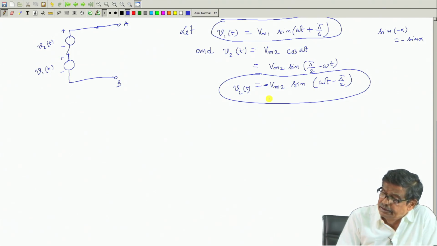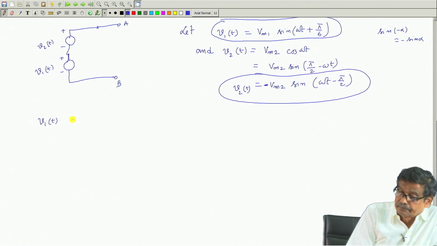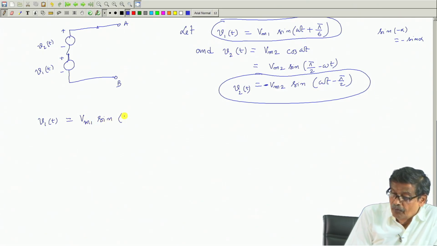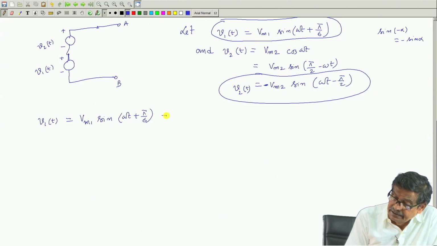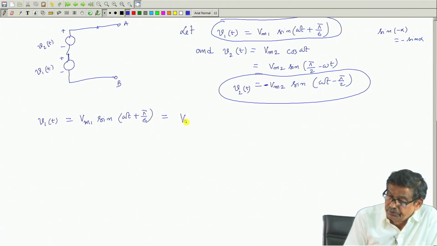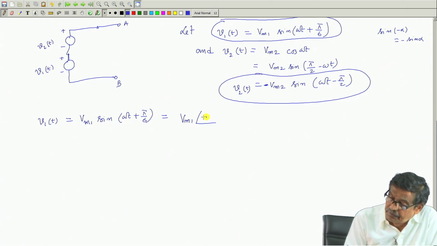Then I will write V1(t), which was Vm1 sin(omega t + pi/6), as given. I will write it as a phasor, with its amplitude Vm1 and associated angle. Now, this phasor is leading sin(omega t) by 30 degrees, so I will write plus 30 degrees, is it not?